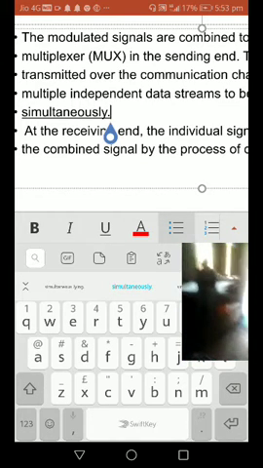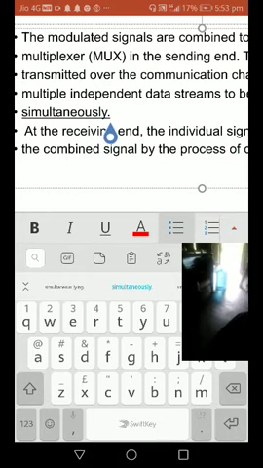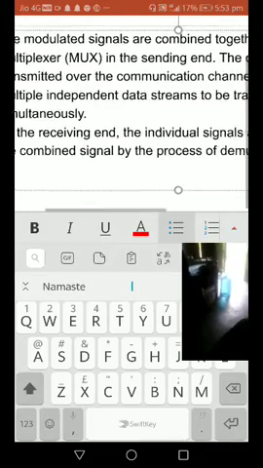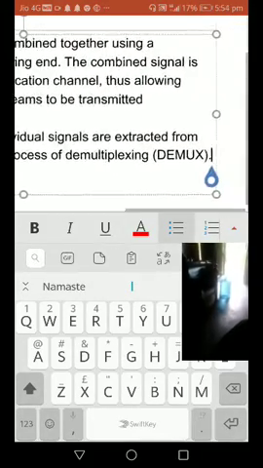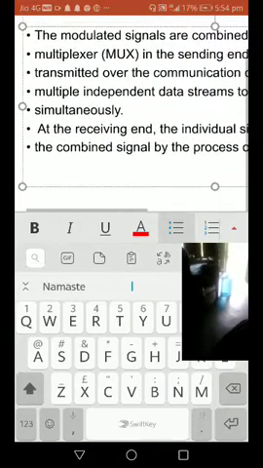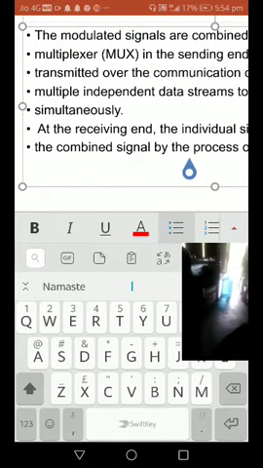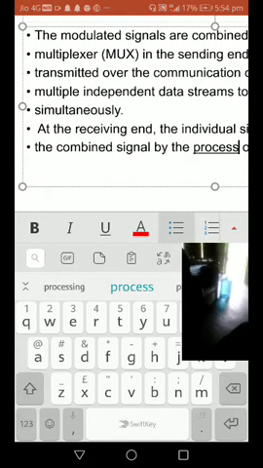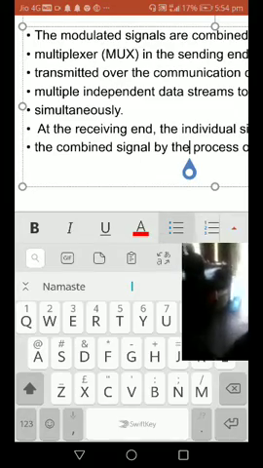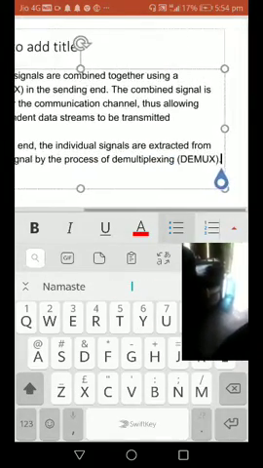Next, at the receiving end, individual signals are extracted from the combined signal by the process of demultiplexing.